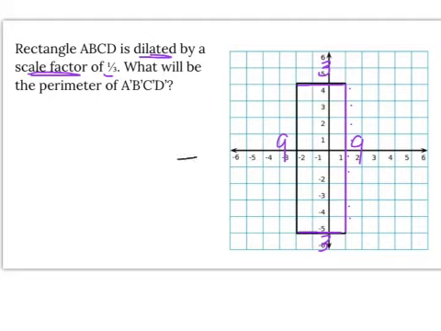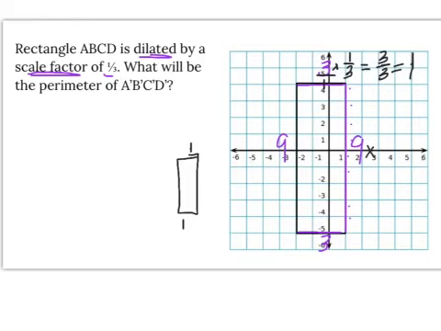So for my smaller rectangle, I need to multiply each of these sides by 1/3. So 3 times 1/3, I can think of this as 3 over 1. I get 3 over 3, which is just equal to 1. So that means the dilated figure has a width of 1.